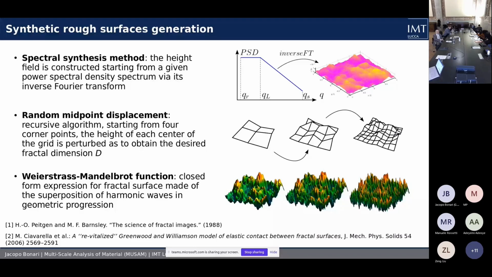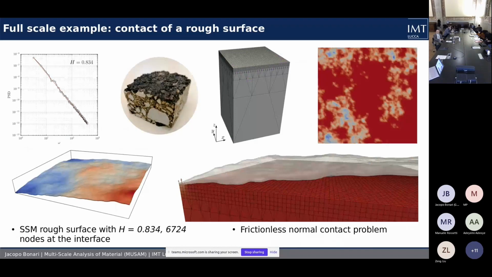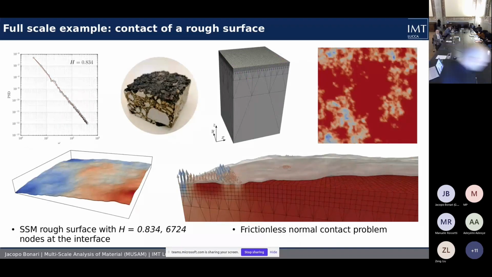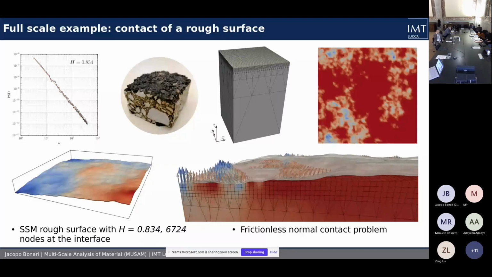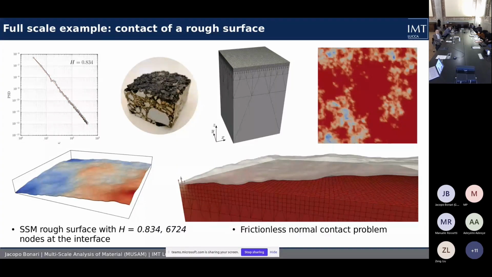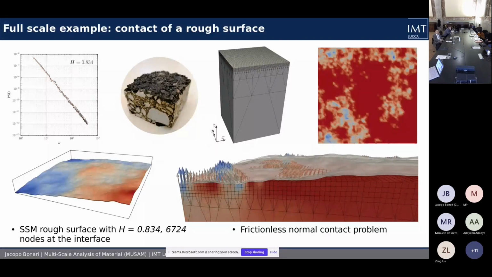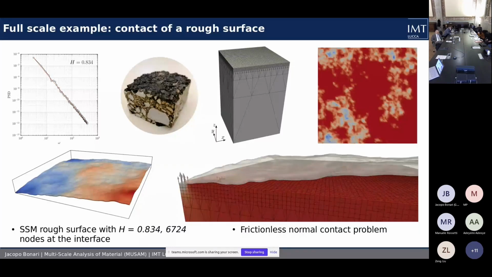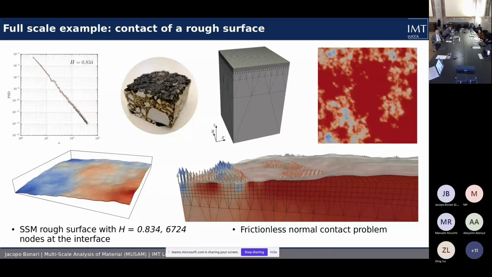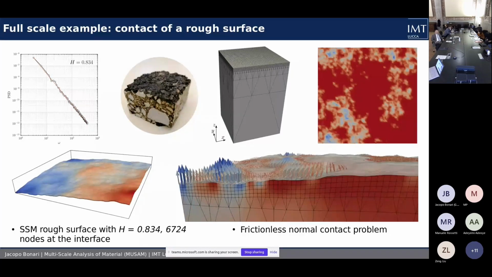In the following example, we have used the spectral synthesis method for generating a rough surface, which is characterized by its power spectral density. The red line is the original power spectral density imposed for the generation of the surface with specified characteristics, and the dots represent the power spectral density of the synthetically generated surface.